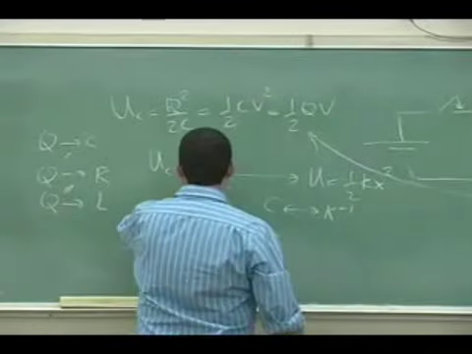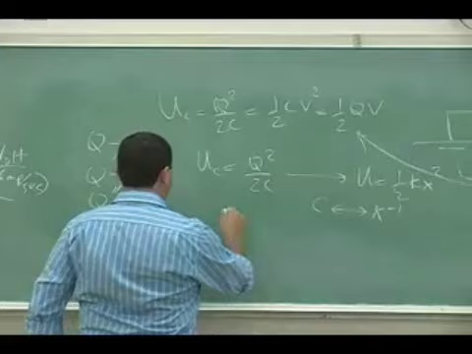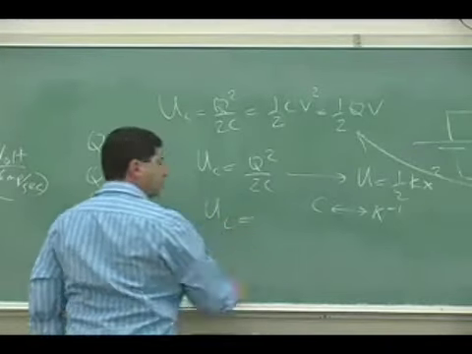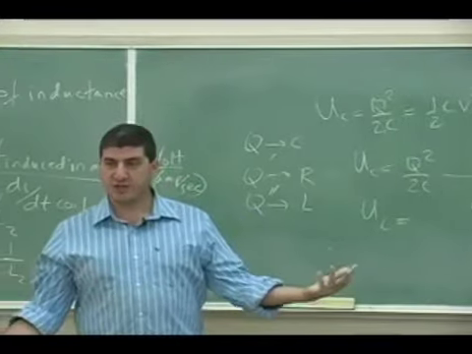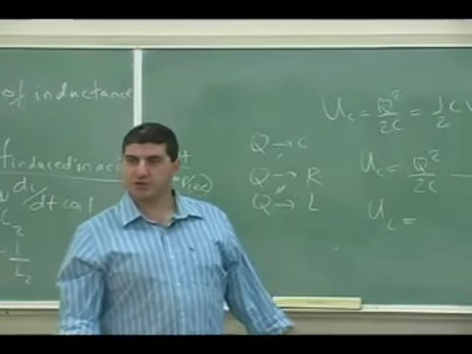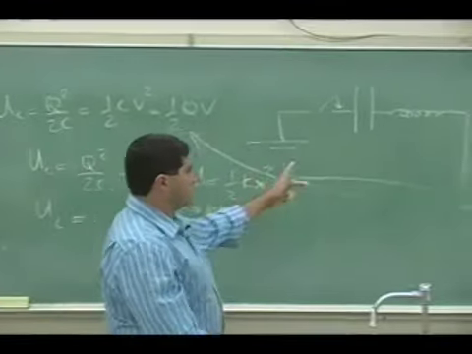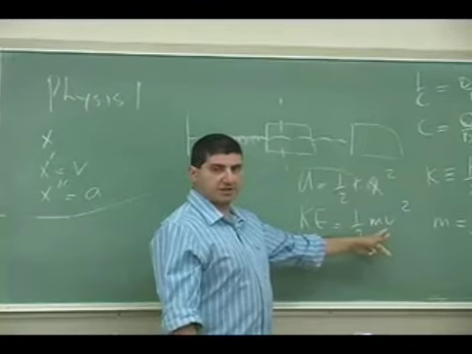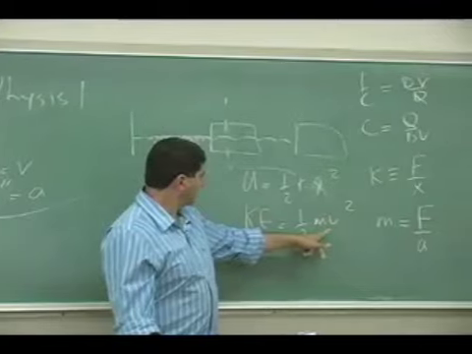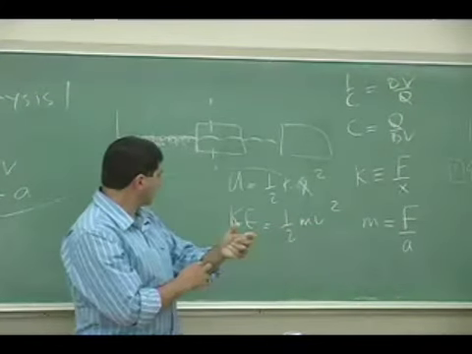So that's the capacitor potential energy. Now, how about the potential energy in the inductors? Without the formal derivation, we can even come up with the equation here. What should be the potential energy of the inductor? If you go over here, it should take the place of the half mv squared.